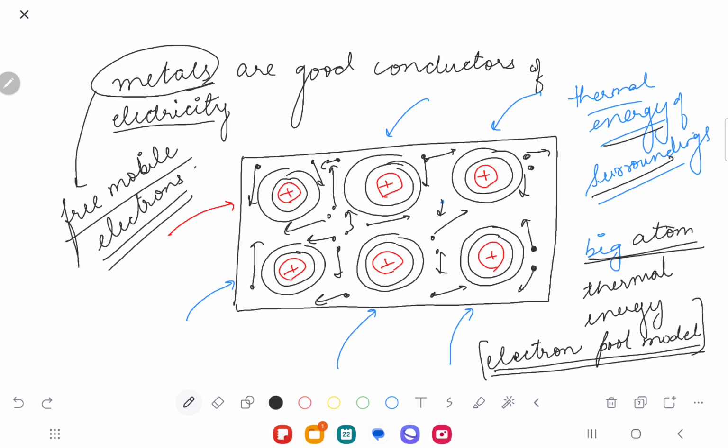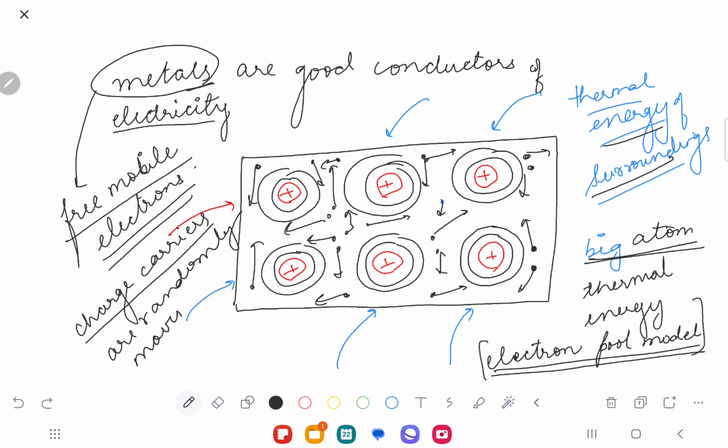And because we have free mobile electrons, we have a charge carrier, because electrons are negatively charged. But these charge carriers are randomly moving in different directions.